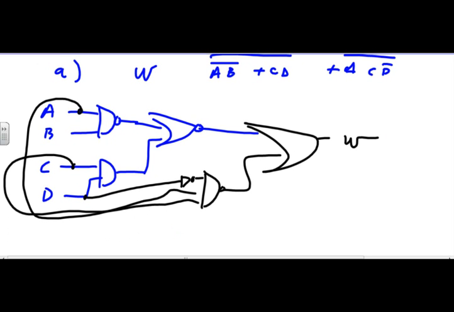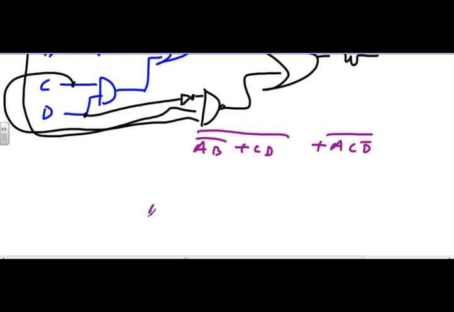Okay, so I've got (A, B)', (C, D)', (A, C, D')'. All right, so that's what I got. So I've got (A, B)'' or (C, D)' or A' or C' or D''. That was good, I like that.